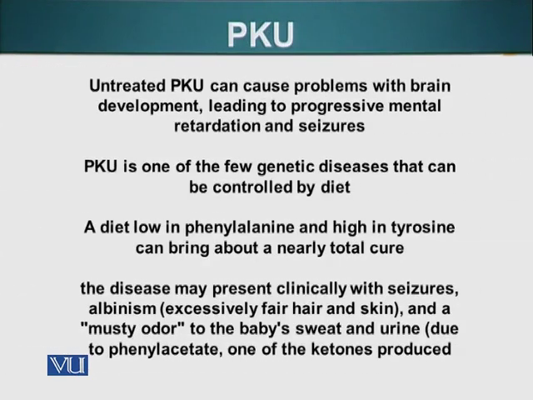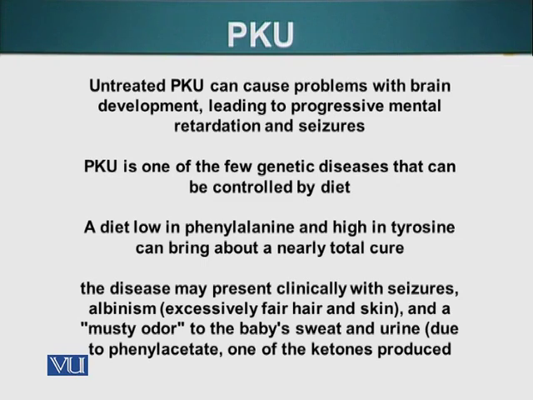So the simple solution for this genetic problem would be, if we can give these children, from very early on, as soon as they're born, if we restrict their diet, we don't give them phenylalanine in excess quantity, we limit the quantity of phenylalanine intake and give them tyrosine in their diet, this will prevent the phenylketones from forming. So phenylketones will not be able to cause mental retardation.